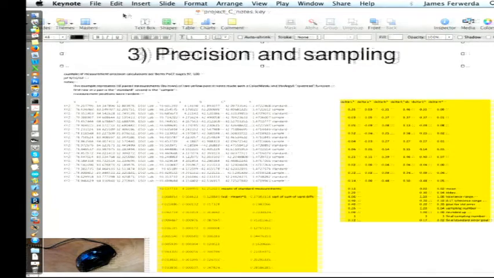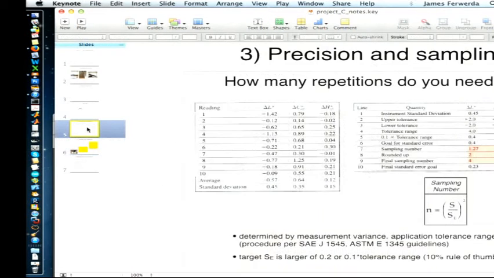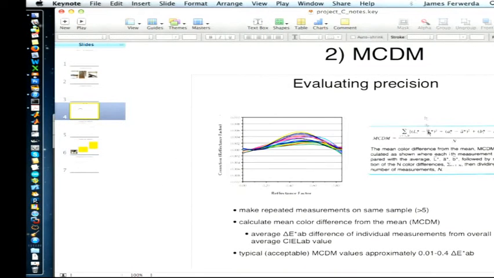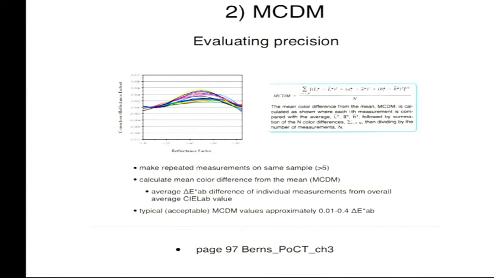Okay. Everybody got Argyle installed and got the monkeys going and stuff? Yes? What is the MCDF calculations and the breakpoint column? That's this one. So you're supposed to do 2 calculations on the data. One is the mean color difference from the mean, which is how much each individual measurement varies from the mean of the measurements.